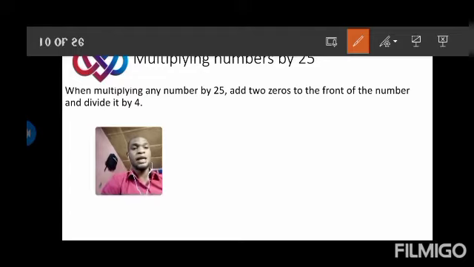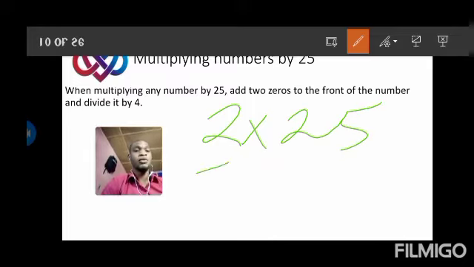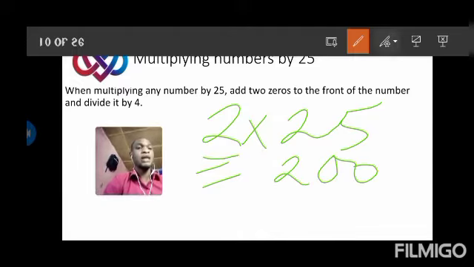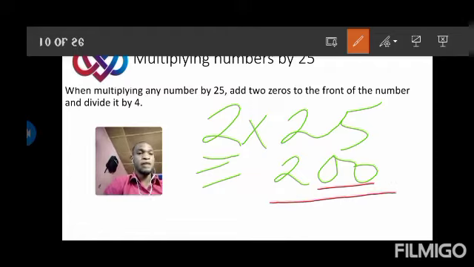For example, if I have the number 2 and I'm multiplying by 25, what I need to do here is add 2 zeros to the back of 2, 2, 0, 0. That means I've multiplied 2 by 100. And dividing it by 4 means, how many 25s can I get in 100, which is 4.